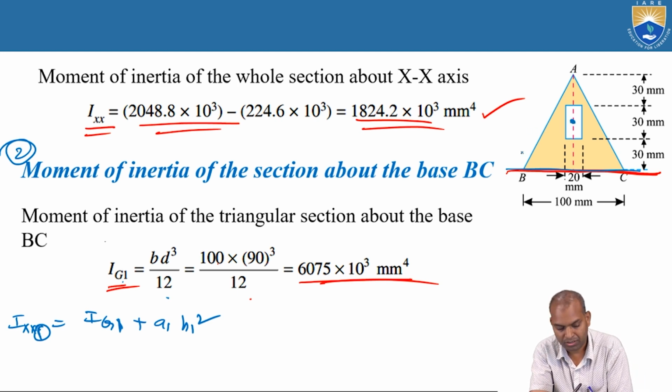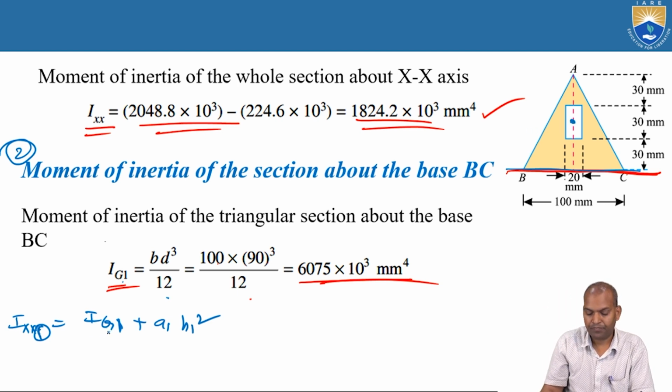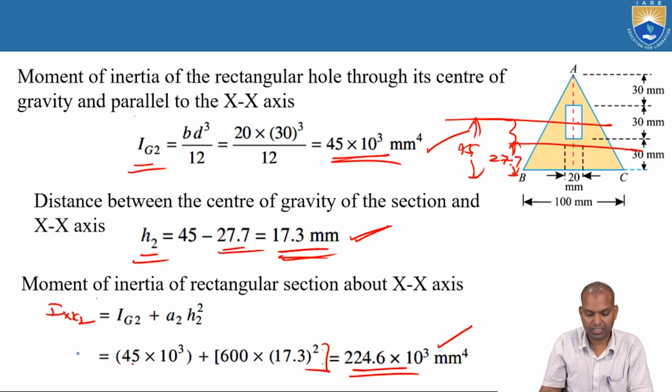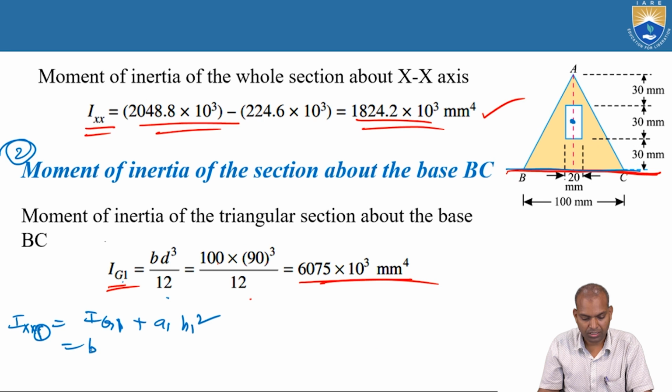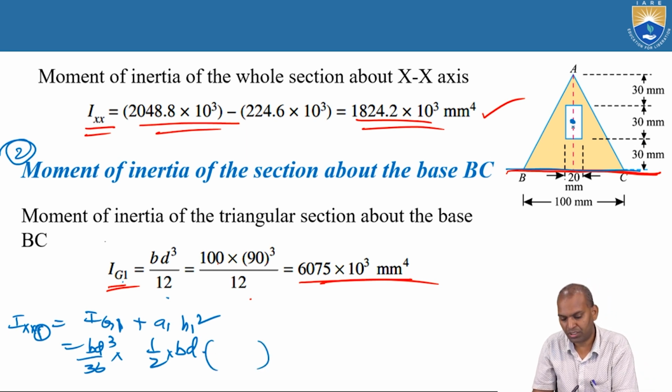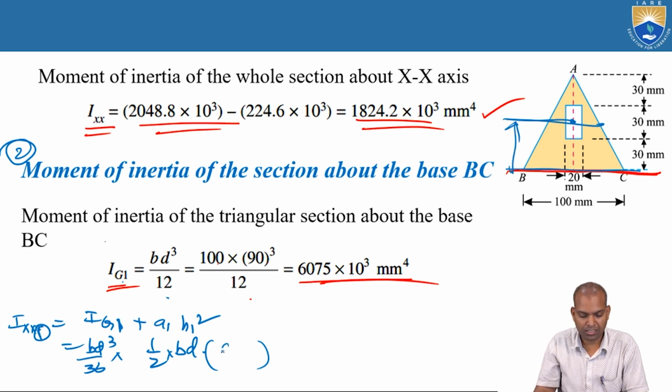That is BD cube by 36. If you do it, that is BD cube by 36 times area, BD by 2. What about H1? H1 is the distance from the center of gravity, that is d by 3, whole square.